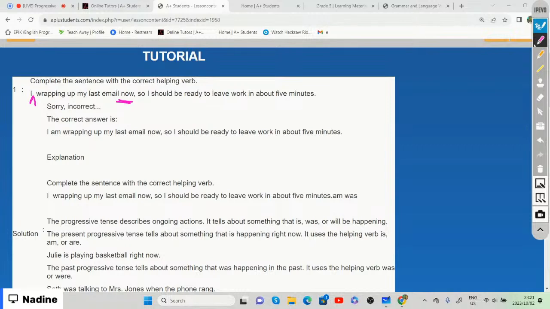And especially if we look at the word now, is it telling us it is in the present, in the past, or in the future?